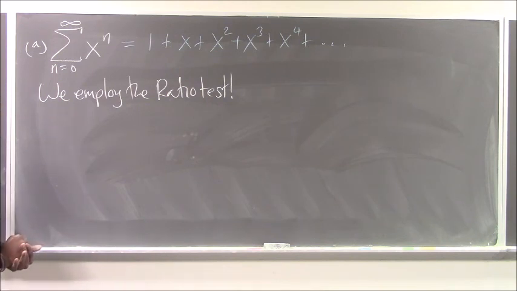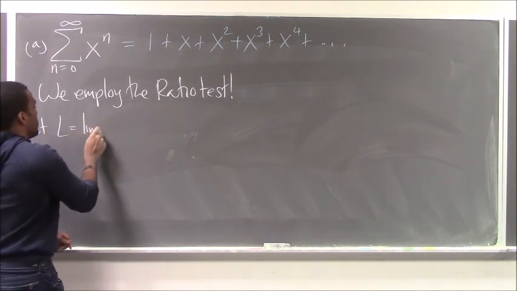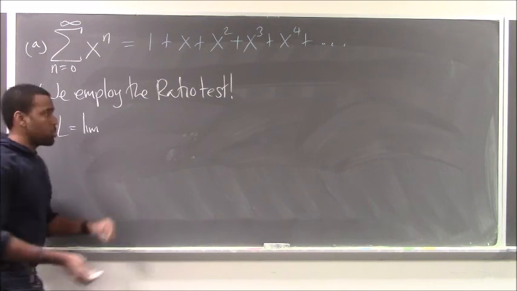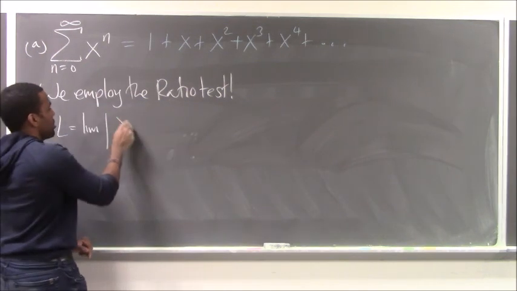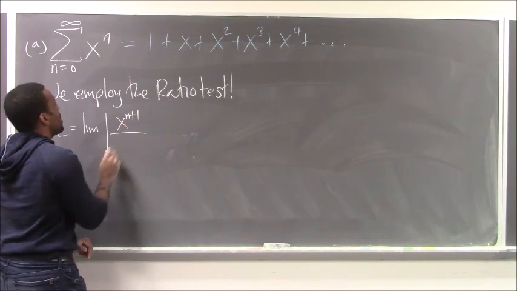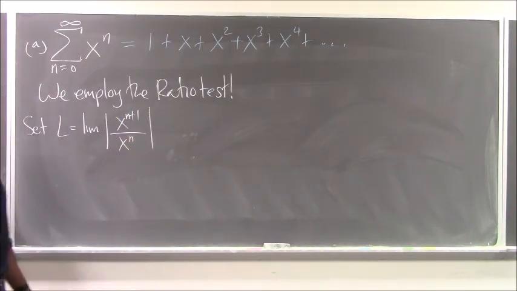The ratio test means we're going to set L equals the limit, of course, as n approaches infinity, of the series term when I plug in n plus 1 divided by the series term when I plug in n.